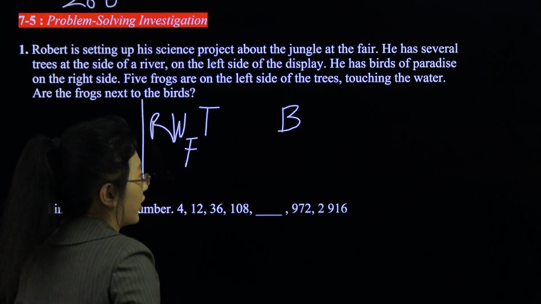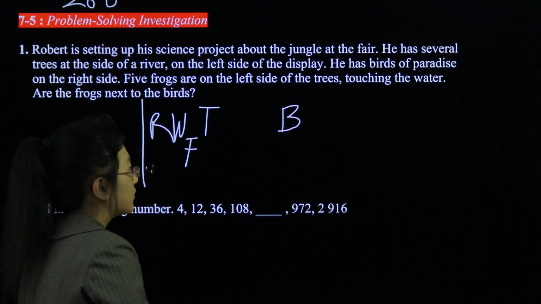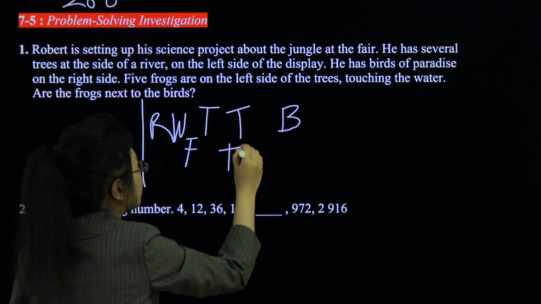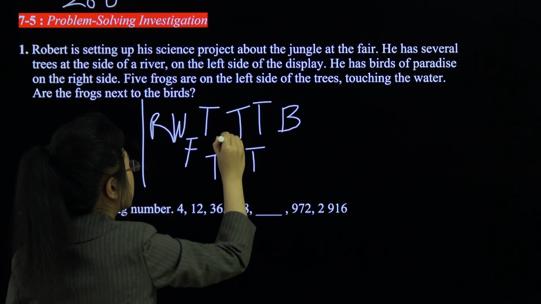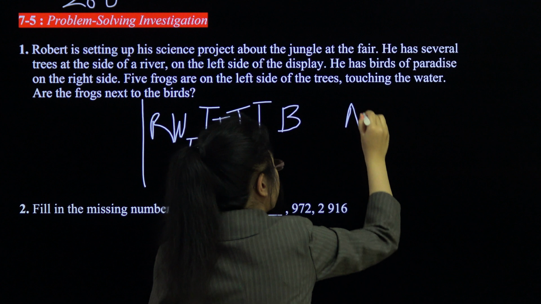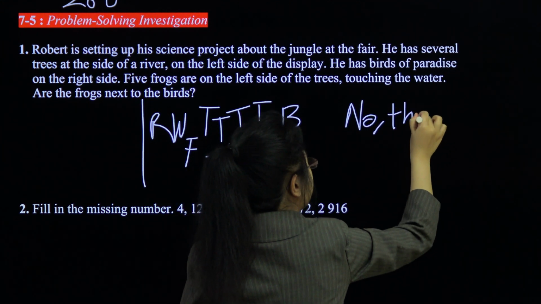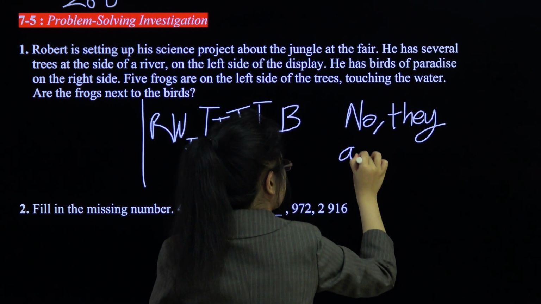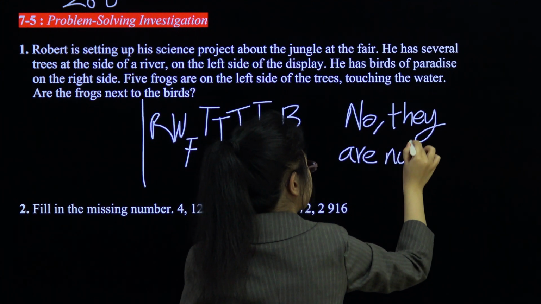Are the frogs next to the birds? No, there's trees. They are not.